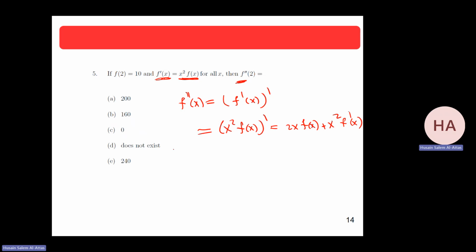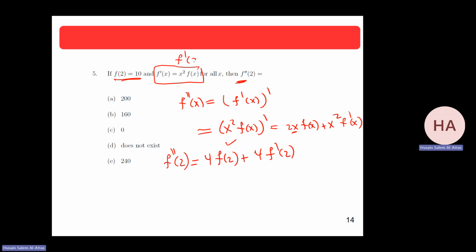I want the result at 2. So f double prime at 2 will be 4 f at 2, plus, putting x equals 2, f at 2 plus 4 f prime at 2. He said f at 2 is 10, so I know this one. What about f prime at 2? I can use this to find f prime at 2.